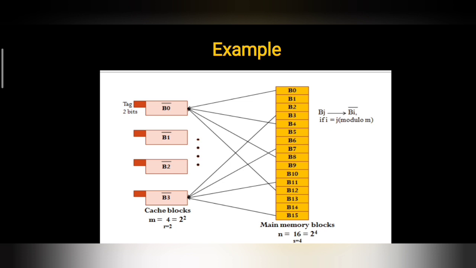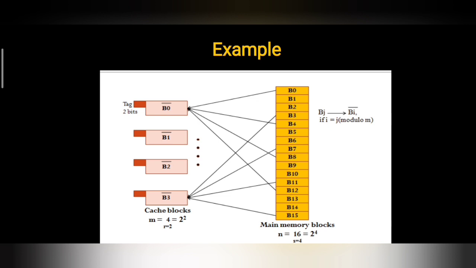So in my previous assumption, I already told you that m denotes the total number of blocks in cache memory. M equals 2 raised to power r, which gives r equals 2. That means r bits are going to identify the particular cache memory block. So 2 bits will be required.